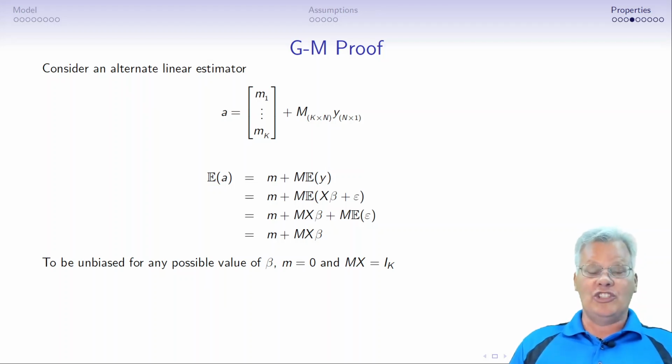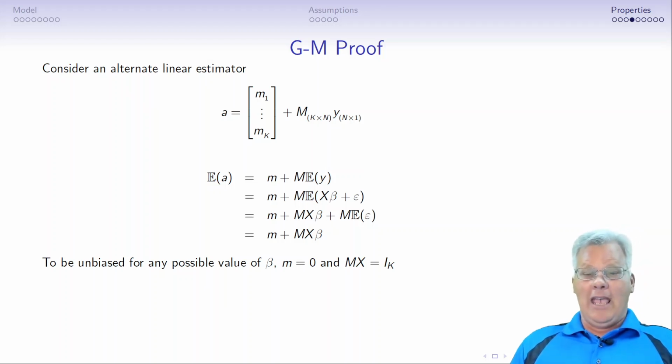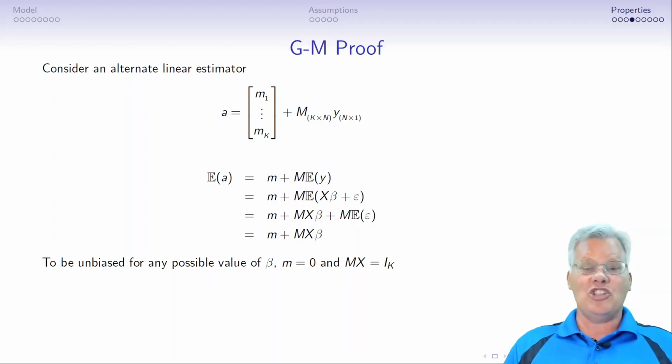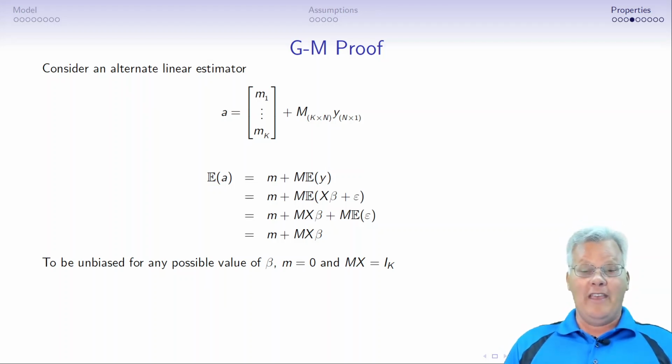Substituting the definition of y to get the second row, and then breaking that rightmost parentheses, I have lowercase m plus uppercase M X beta plus uppercase M times the expectation of epsilon. But we remember that by assumption the expectation of the epsilons is 0. So what we're left with then is lowercase m plus uppercase M X beta.